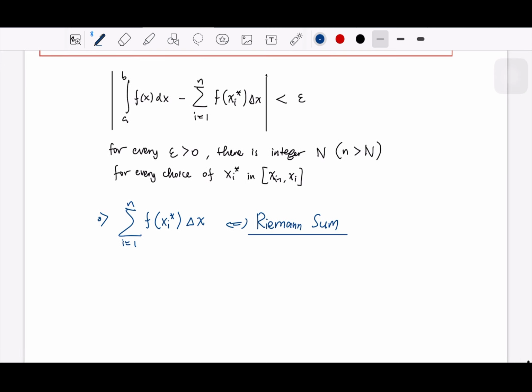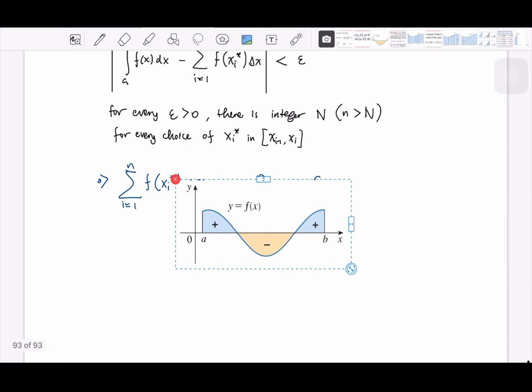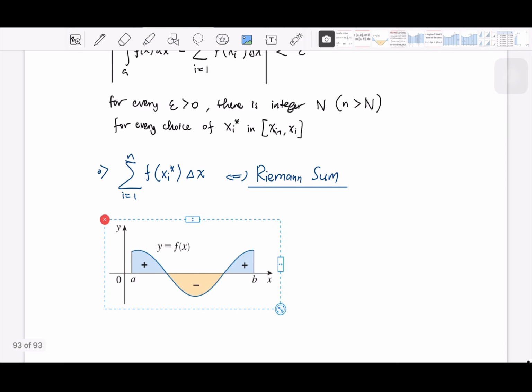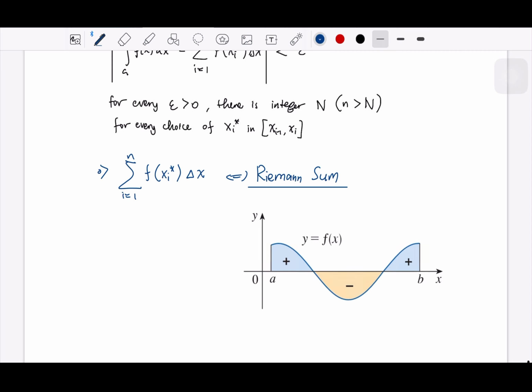Okay. And then another takeaway is, if we have this, okay. So the area that we previously described is the area under the curve.